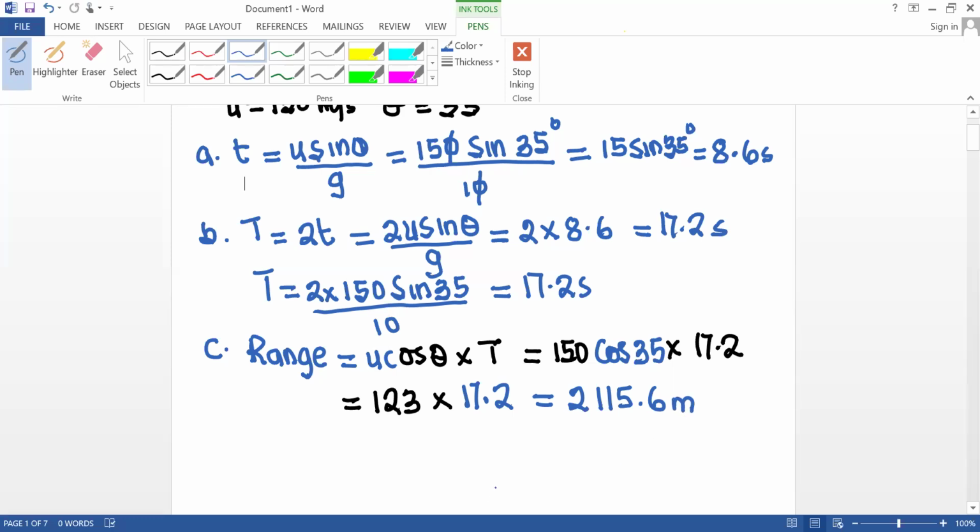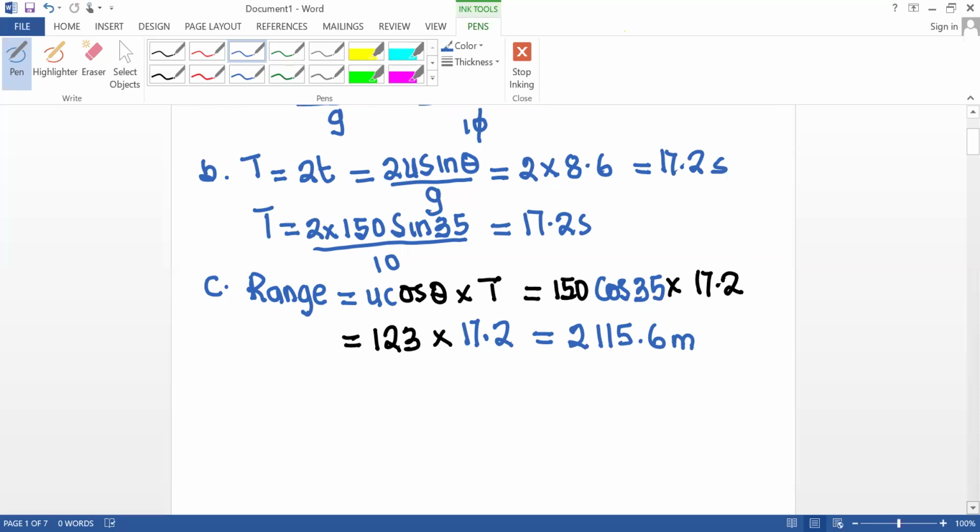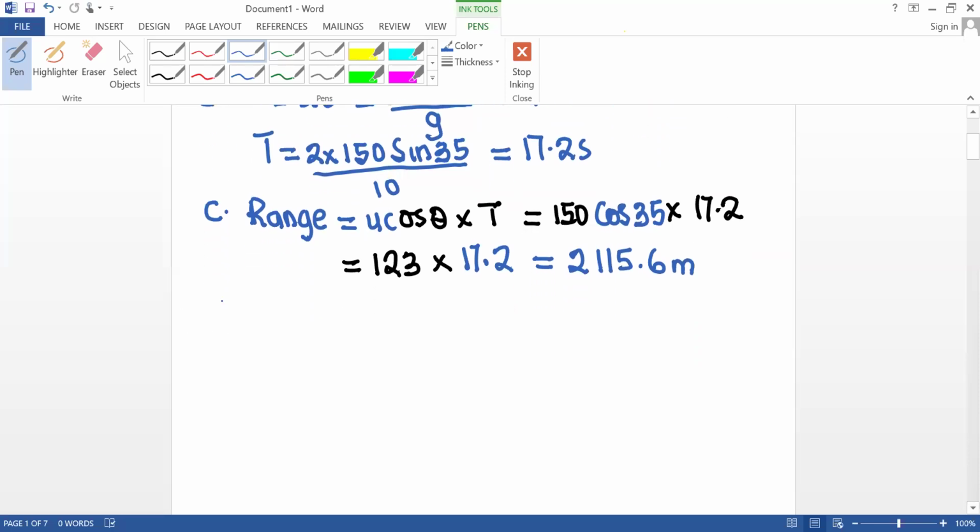Now, if you are an admirer of formulas or equations, you see, the range is u cos theta times the time of flight.